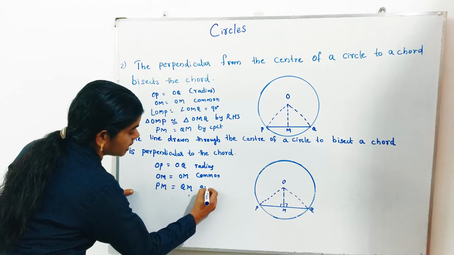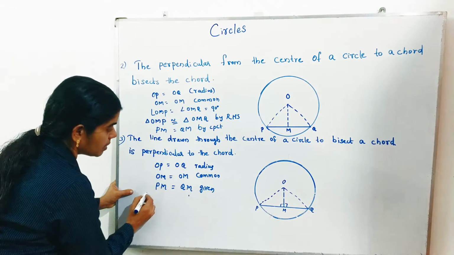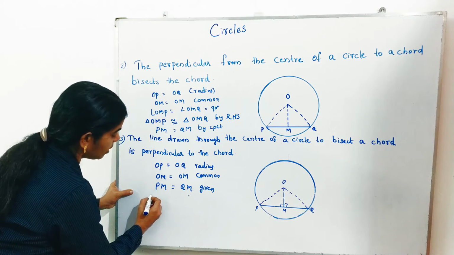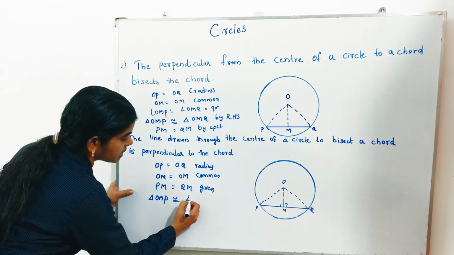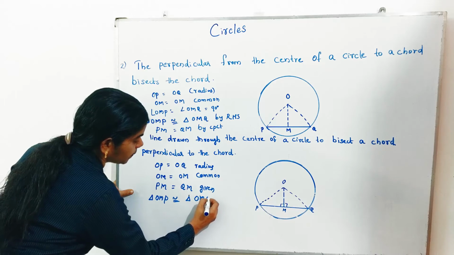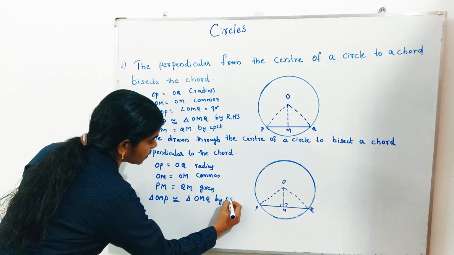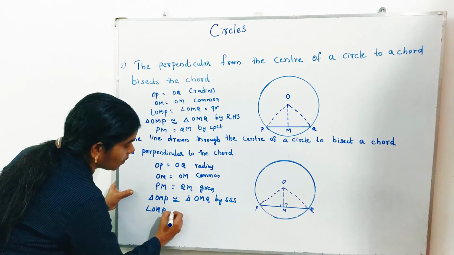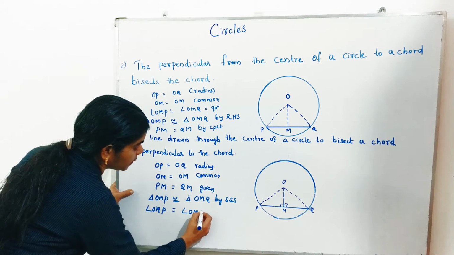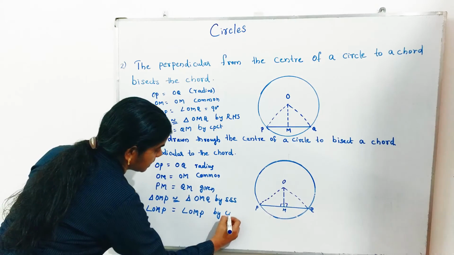That is given. So these two triangles, triangle OMP is congruent to triangle OMQ by the SSS congruence rule. Then angle OMP is equal to angle OMQ by CPCT.